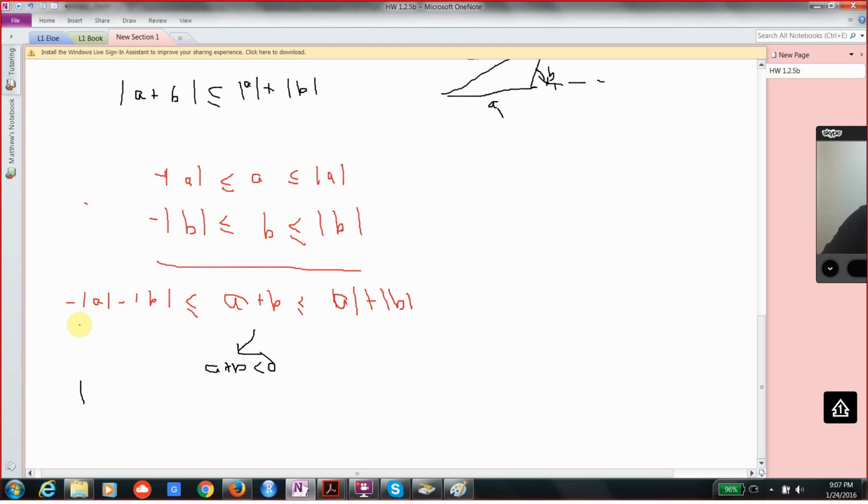And I'm going to rewrite this. I'm going to be kind of sneaky. I'm going to rewrite this like this: the absolute value of A plus the absolute value of B. I'm just going to factor out a -1.